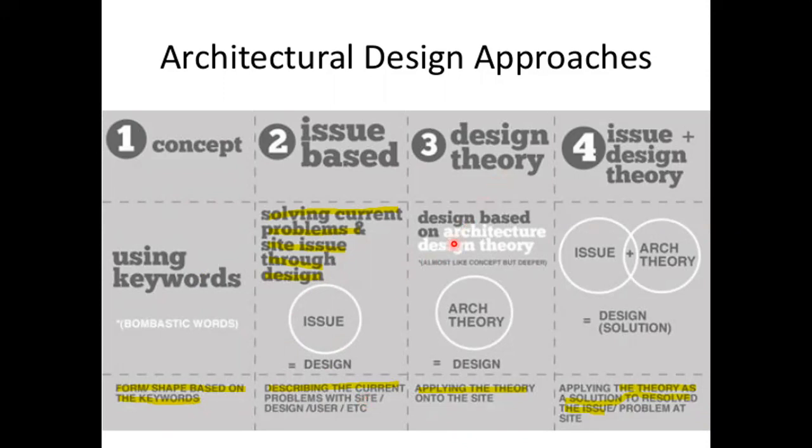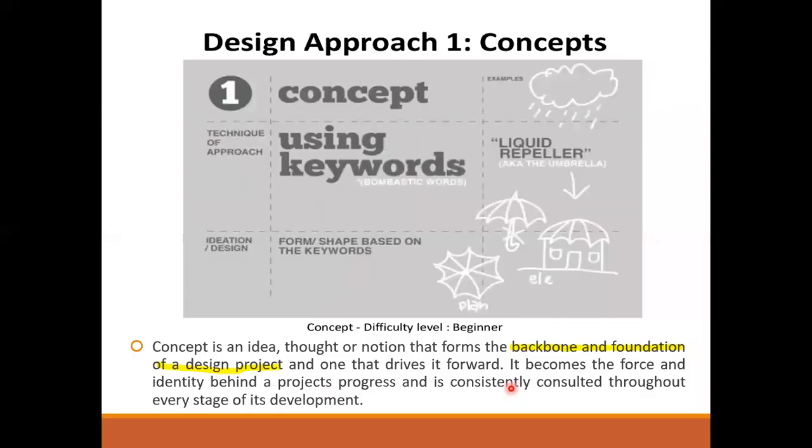Design theory is based on architectural design theory, applying a particular take on a site, for example, a specific type of architectural style or philosophy we are using. I will show you some examples of design theory with pictures. Then combining the second one and the third one is to apply the theory as a solution to any resolved problem at site.